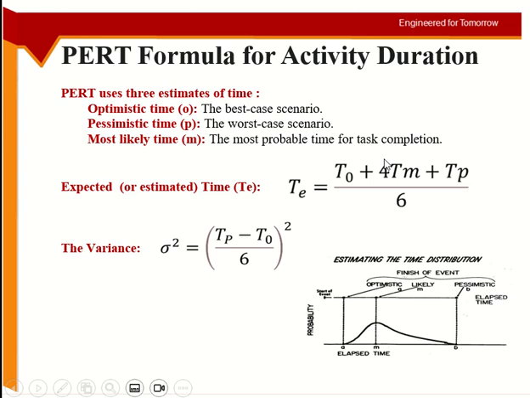But when you are doing the calculations for your timeline, you will not take any one of these values. You will do a weighted average of them to put it in your network. So in the network analysis, the one which we just did, you will not use TO or TM or TP. We'll use TE, the expected time.